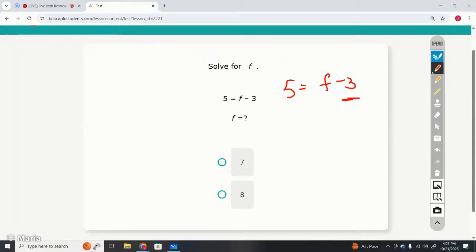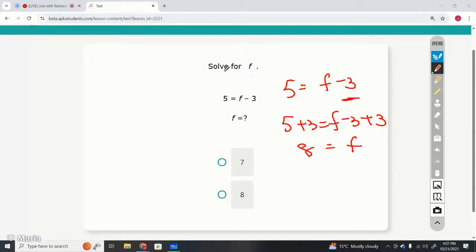So you need to add 3 both sides. So 3 plus minus 3 is 0.